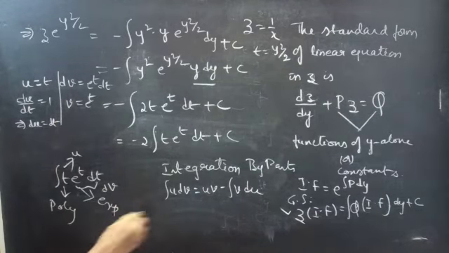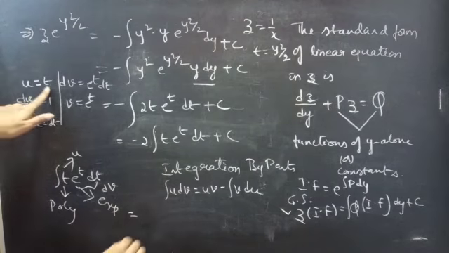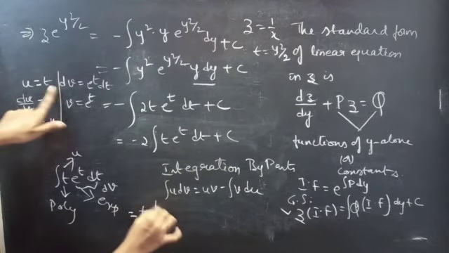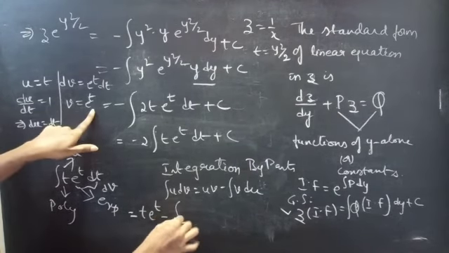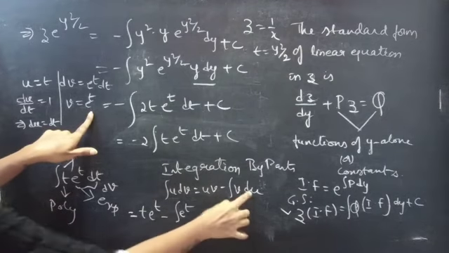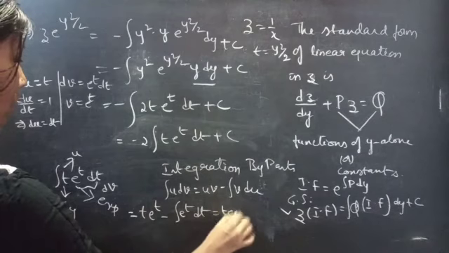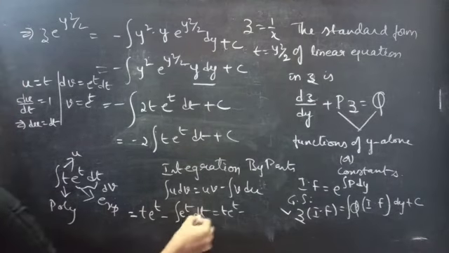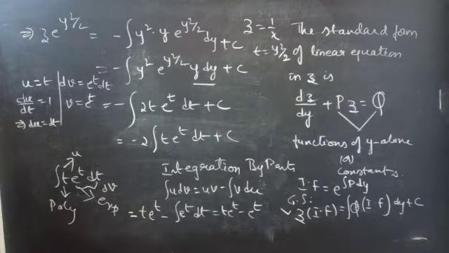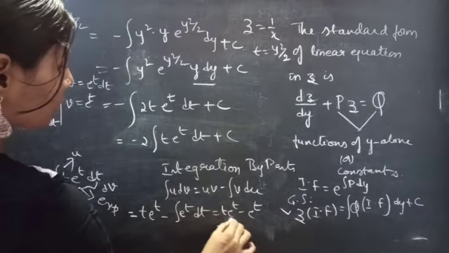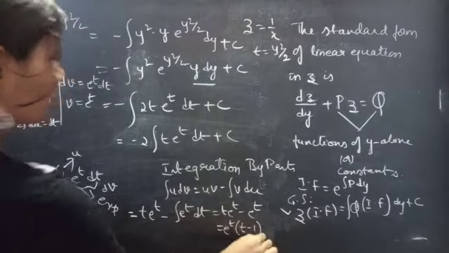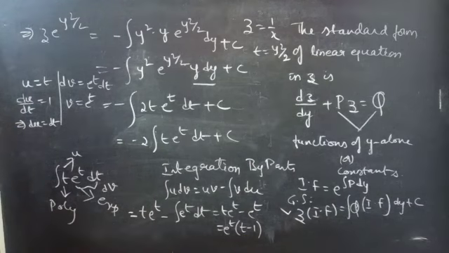Now apply the formula. This equals u into v minus integral v into du, for du equals dt, which equals t e power t minus integral e power t dt, which is e power t, right? Now take e power t common from these two terms, then you'll get e power t times t minus 1.